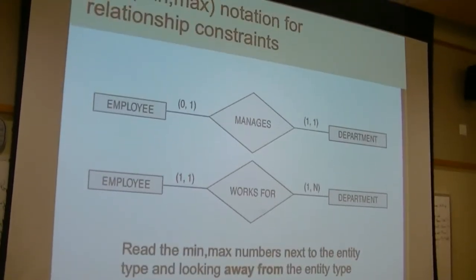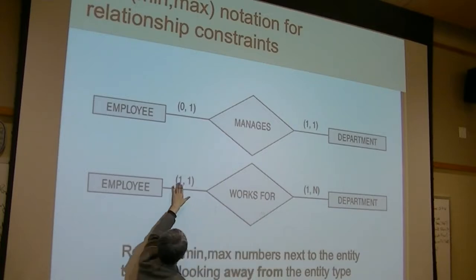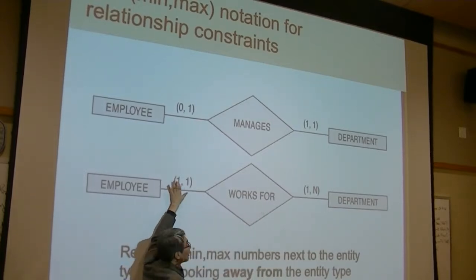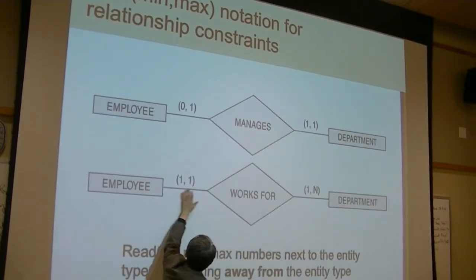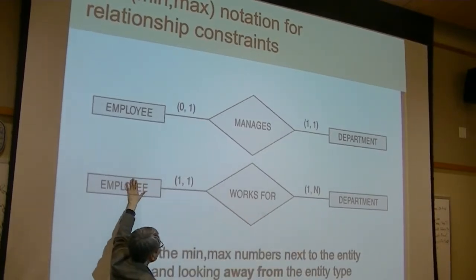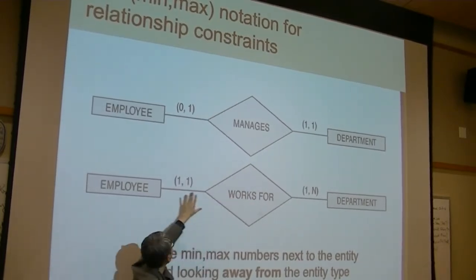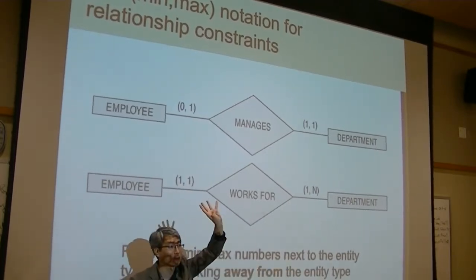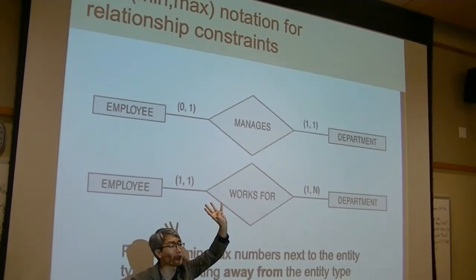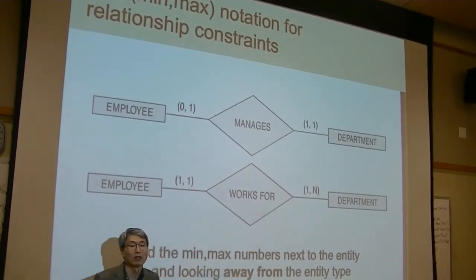If we take this one, works for, first it is many to one. But in terms of min-max notation, the first number is the minimum and the second is the maximum. However, minimum of what? The employee's participation in works for. So for example, one employee works for a minimum of 1 department, and a maximum of how many departments? 1 department. So that's the reason for 1,1.